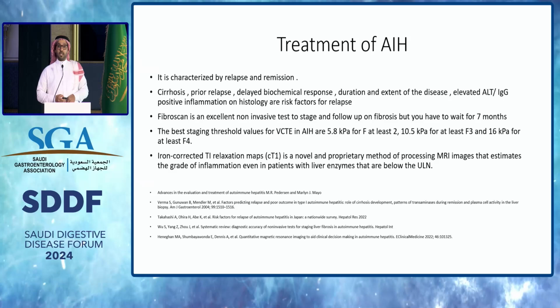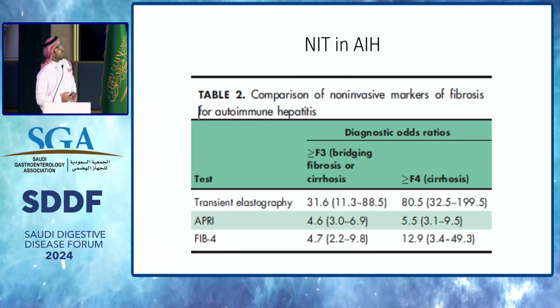Iron-corrected T1 is a novel method of reading MRI images. The unique thing about this new modality is its ability to detect inflammation even in patients with liver enzymes that are within normal limits. We know this technology is being used in many of the clinical trials for MASLD, and in the near future it can help us decide when to withdraw immune suppression in patients with autoimmune hepatitis.